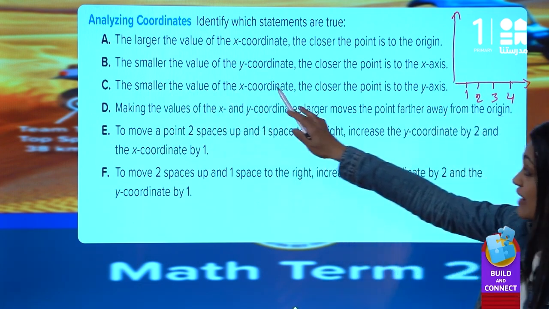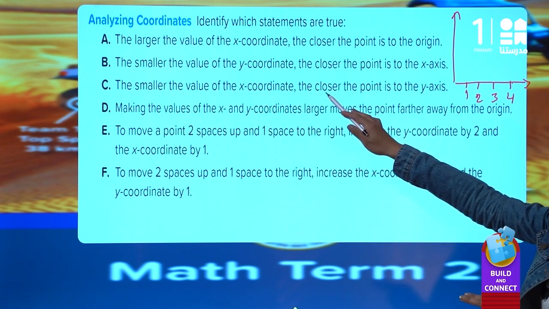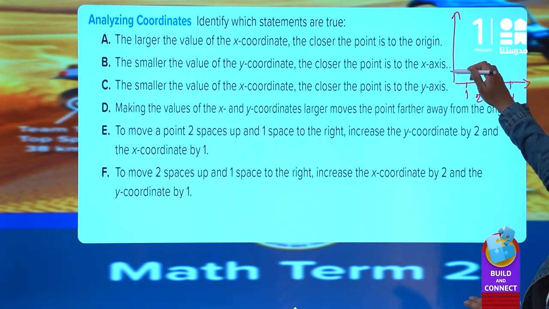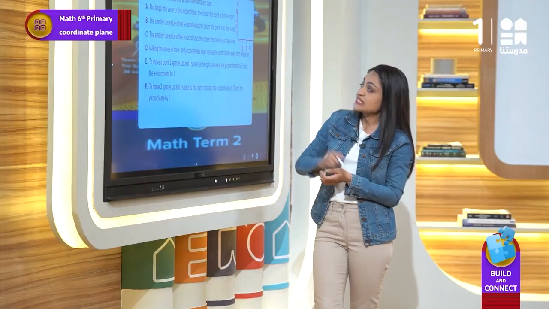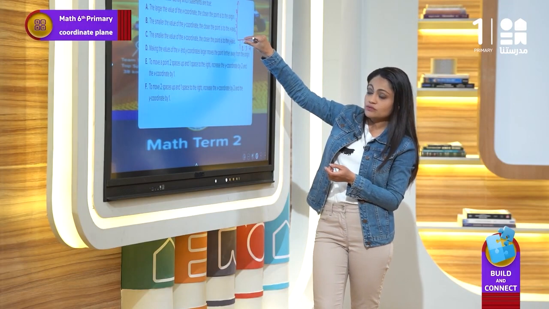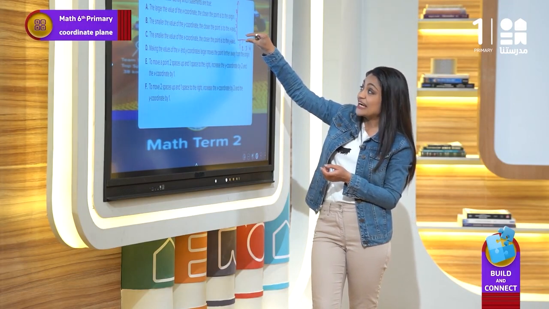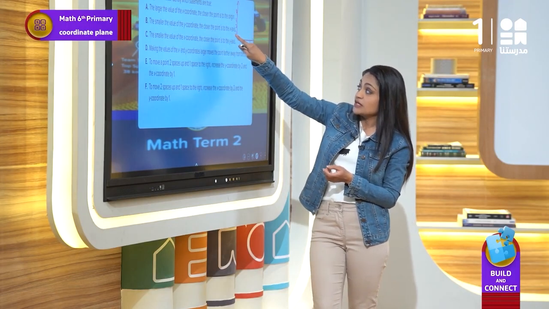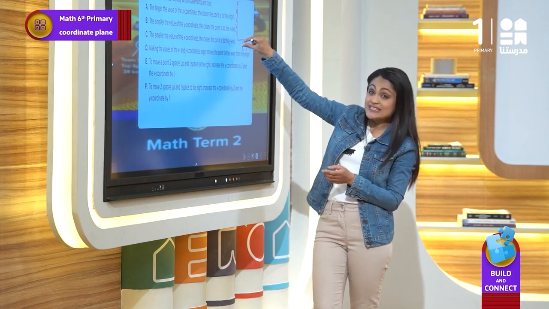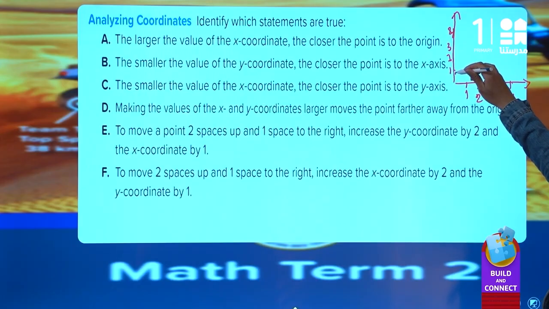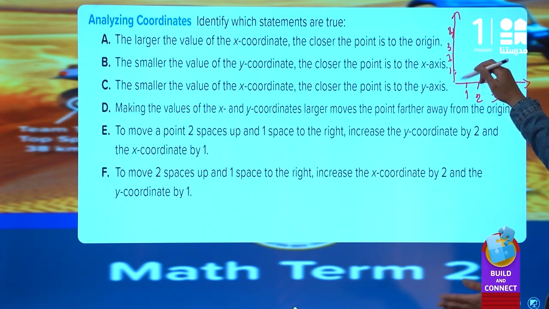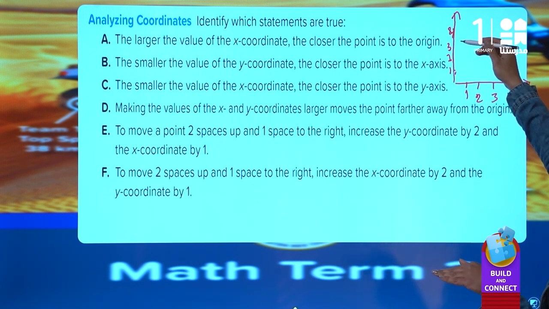The smaller the value of the y coordinate, let's say here also 1, 2, 3, and 4. It's telling you the smaller the value of the y coordinate, the closer the point is to the x-axis. Yes, exactly. If I have here, for example, y is 1, it's closer to the x-axis than if I say, for example, 4.